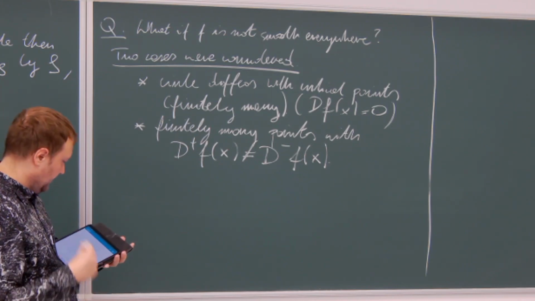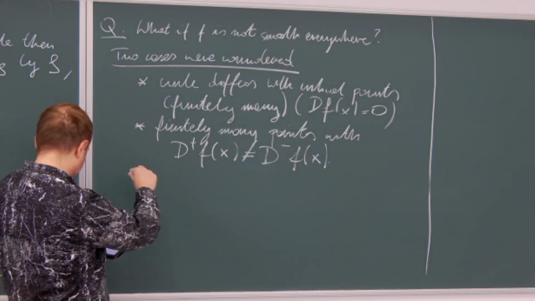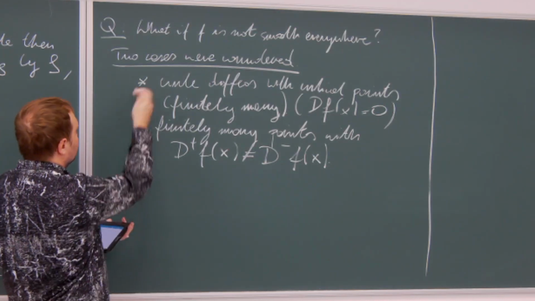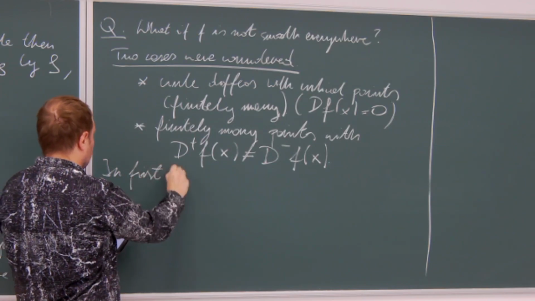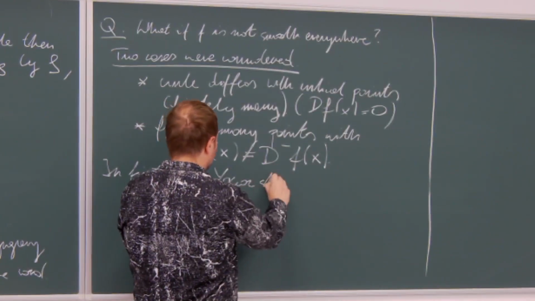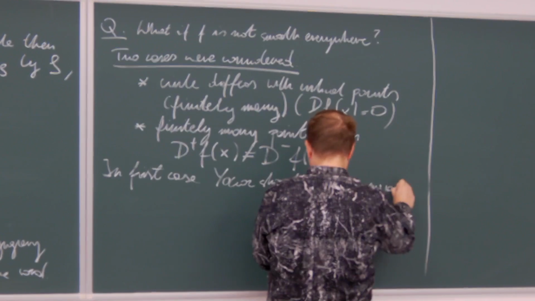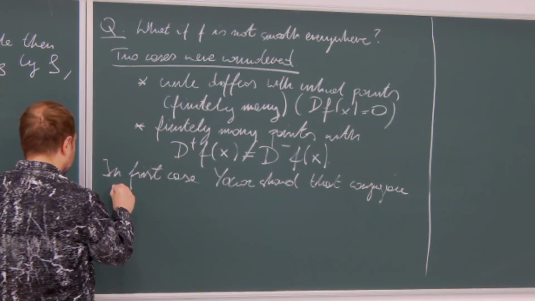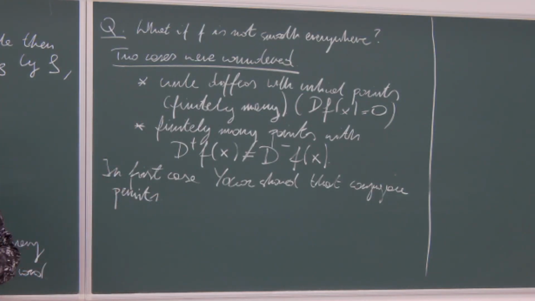So under some assumptions, in the first case, Yoccoz showed that conjugacy persists, meaning that if we add finitely many points, but still it's a nice C2 diffeomorphism, we are still conjugate to the rotation.